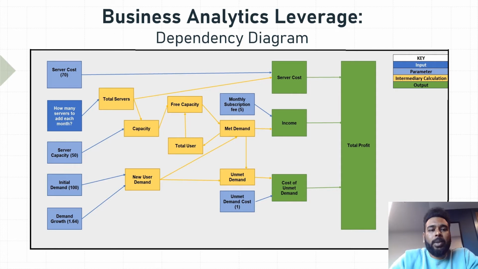Our model builds on the key input, that is the number of servers that we need each month, aided by some fixed parameters like the server cost, the monthly subscription cost, and the demand growth. The boxes highlighted in yellow represent the intermediary calculations, which ultimately give us some tangible outputs highlighted in green, like the total revenue, the cost that's incurred, and also the net profit.